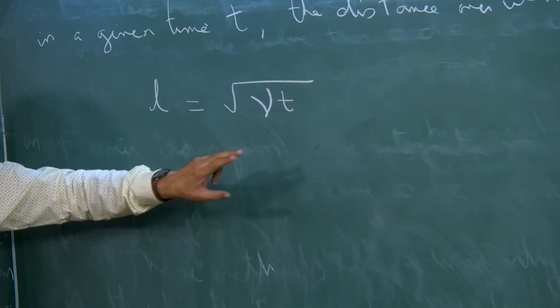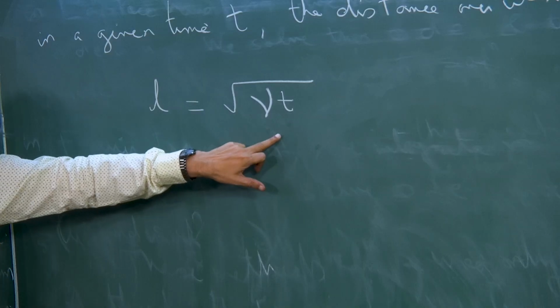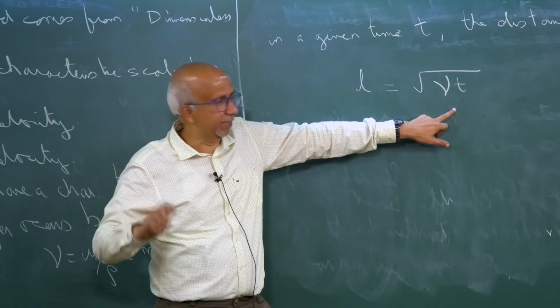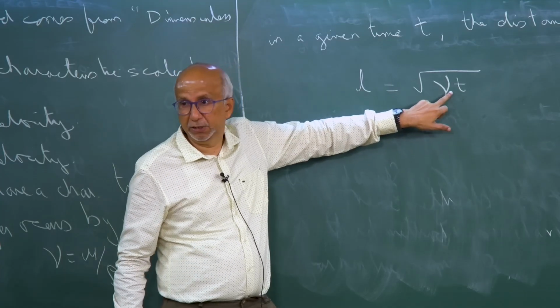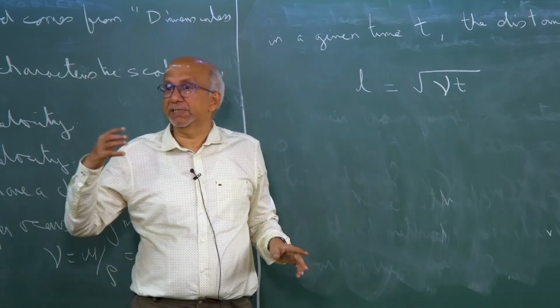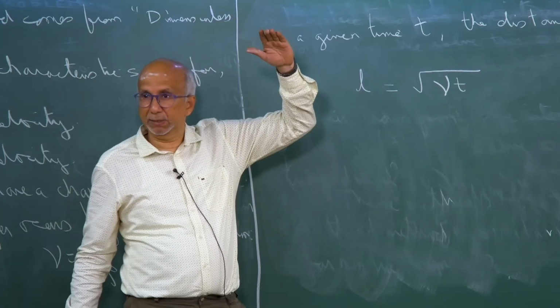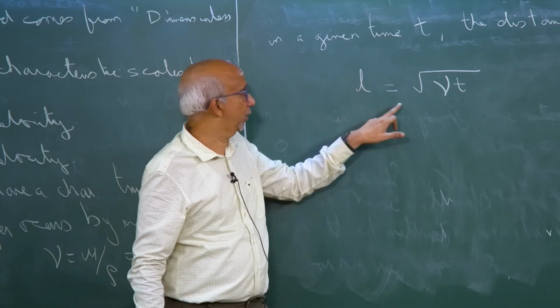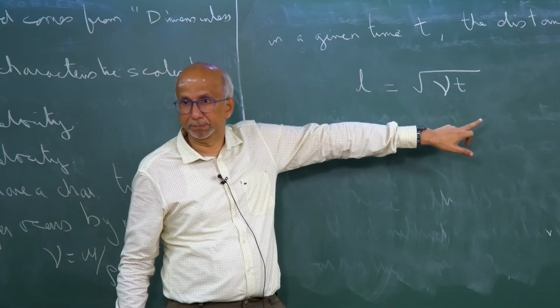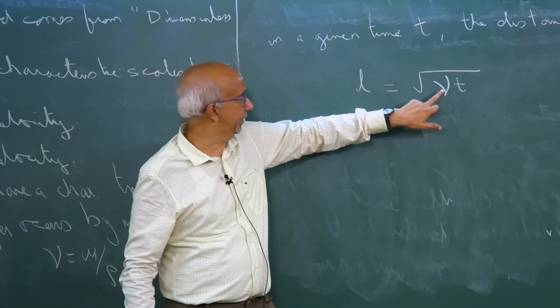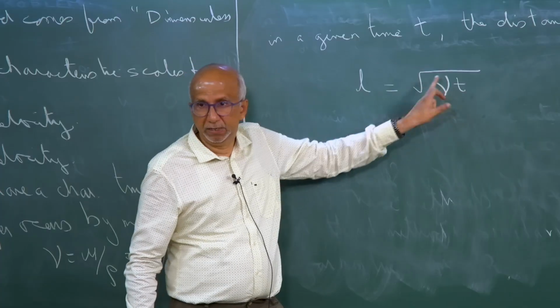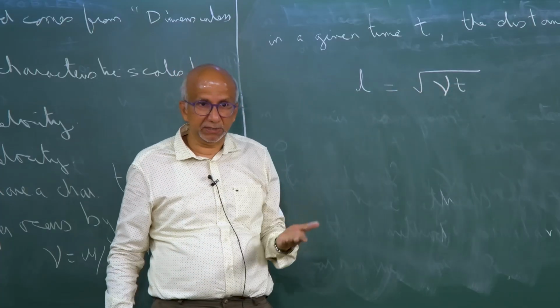So, in 1 second, since we are talking SI units, it is square root of nu. In 10 seconds the distance over which the momentum would have diffused is square root of nu multiplied by 10. You can see this is meter squared per second, this is seconds, so it is meter squared, giving meters.